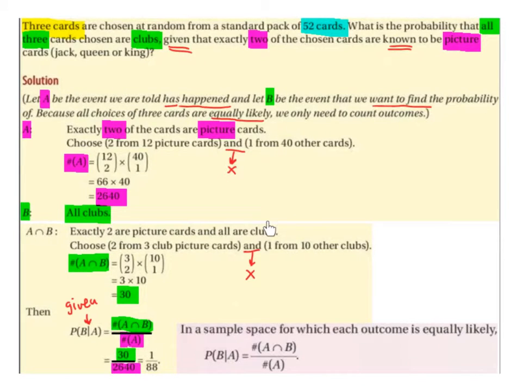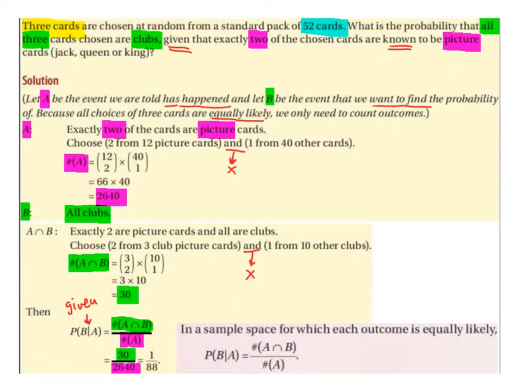So once we have our English sentence, we want to rewrite that using probability terminology, and then we put it into maths. So exactly 2 are picture cards and all are clubs really means choose 2 from 3 club picture cards and 1 from the 10 other clubs.